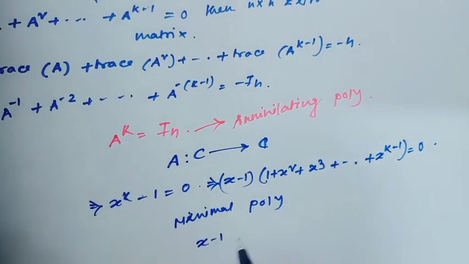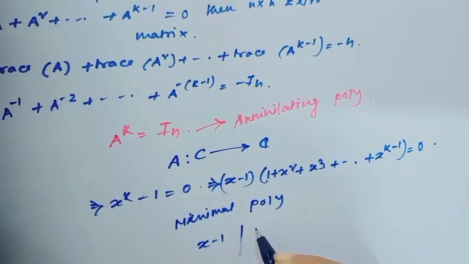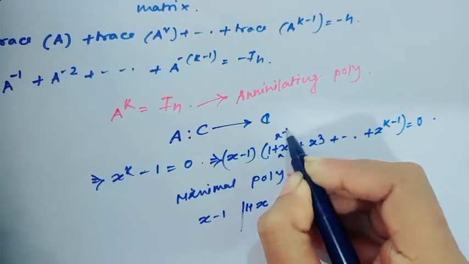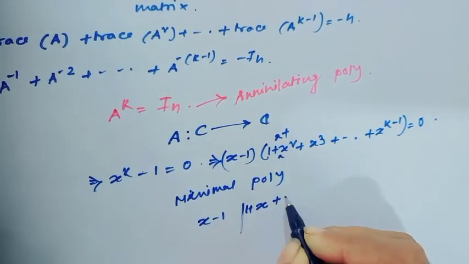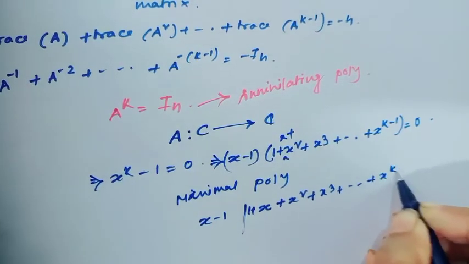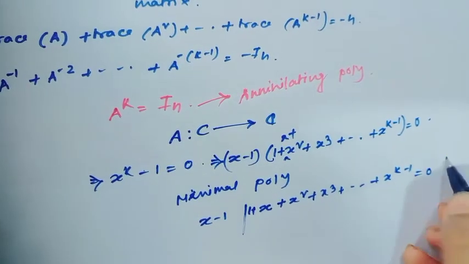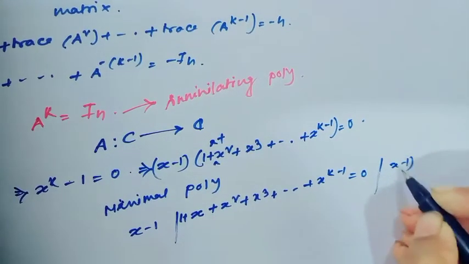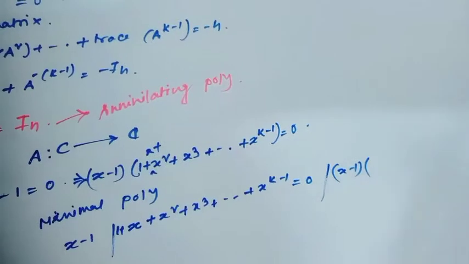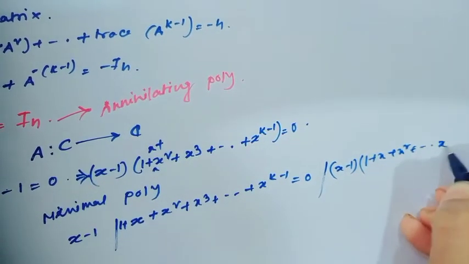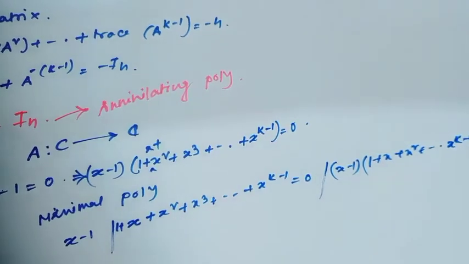either x minus 1, or 1 plus x plus x square plus x cube up to x to the power k minus 1 equal to 0, and the other possibility is the whole thing, x minus 1 times 1 plus x plus x square up to x to the power k minus 1 equal to 0.